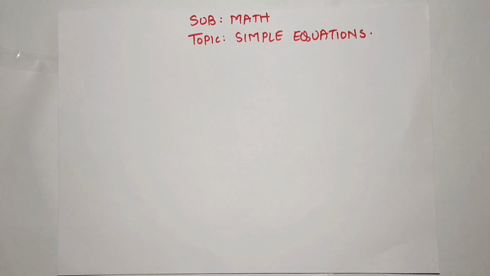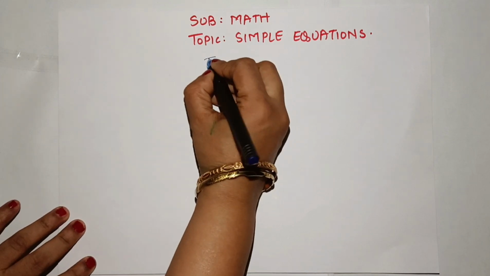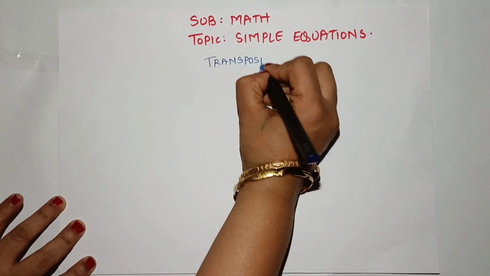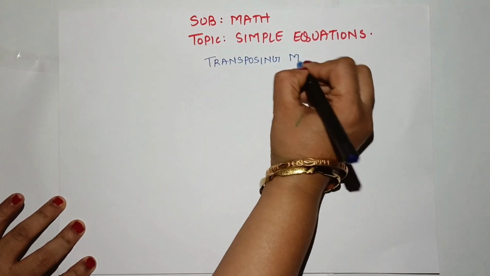So get ready to sharpen your skills, think creatively, and most importantly, enjoy the journey of learning simple equations with a very interesting method, and that method is called what? Transposing. Transposing method.